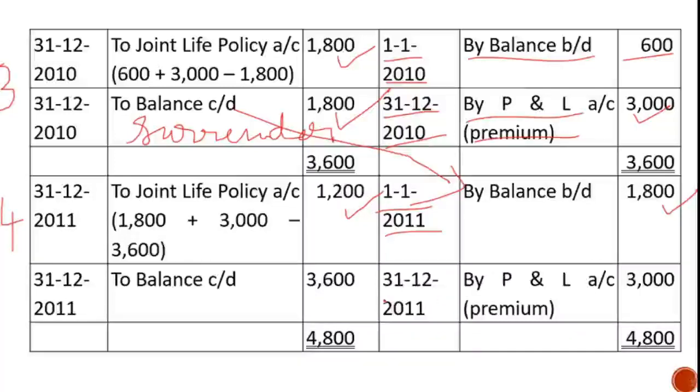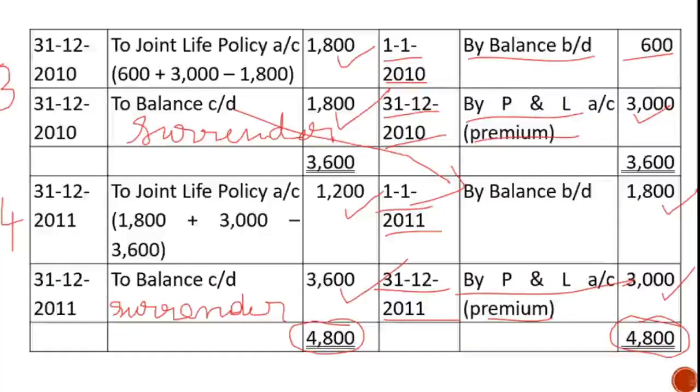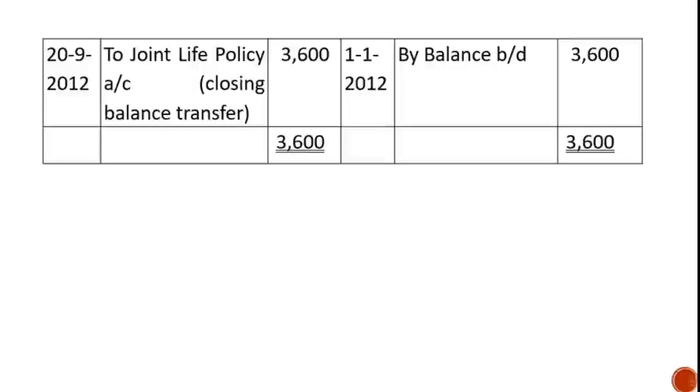Then the annual premium, 31/12/2011, annual premium is 3000. So the total is 4800. Now the remaining balance is the surrender value. Surrender value is 3600.